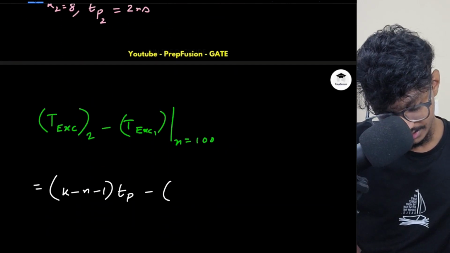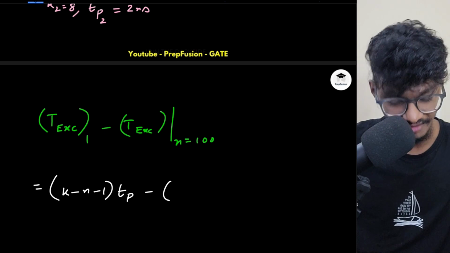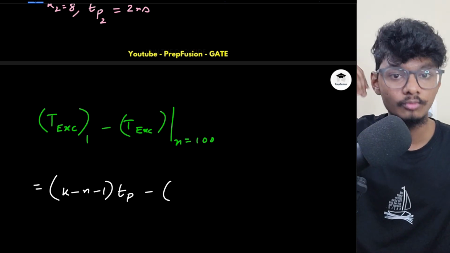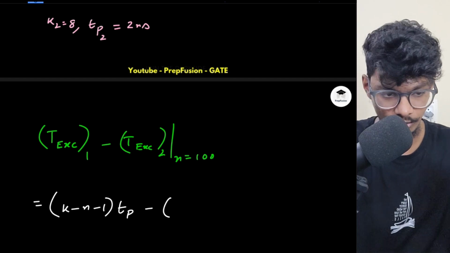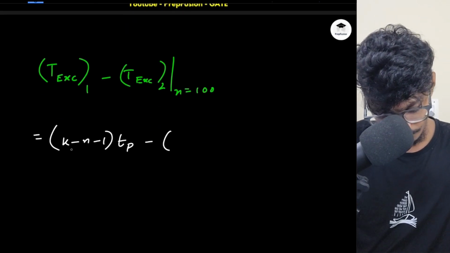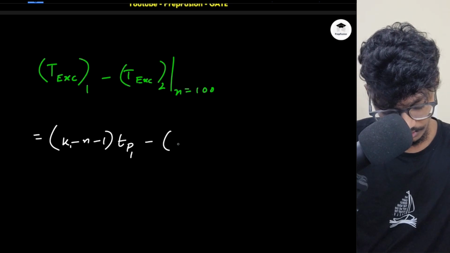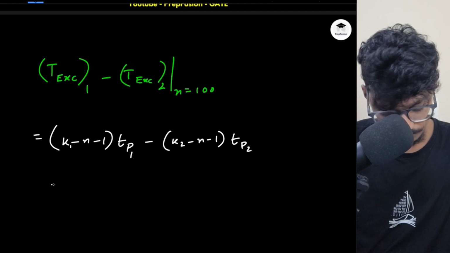So obviously I will write this as T1 minus T2, because they are asking how much time I have saved. T1 obviously will take more time. Design 1 will take more time than design 2. So that will give me the amount of time that I have saved. So it will be K1 plus n minus 1 into TP1, minus K2 plus n minus 1 into TP2.